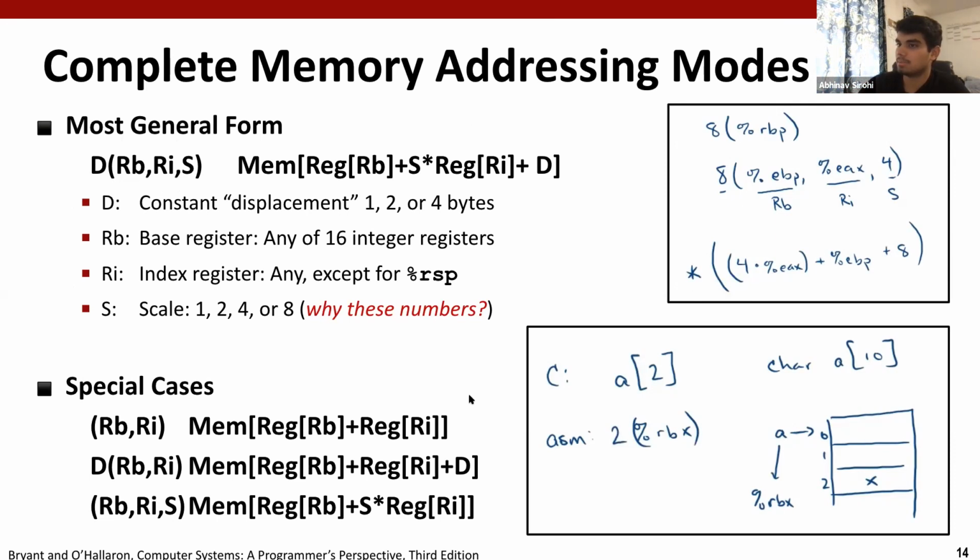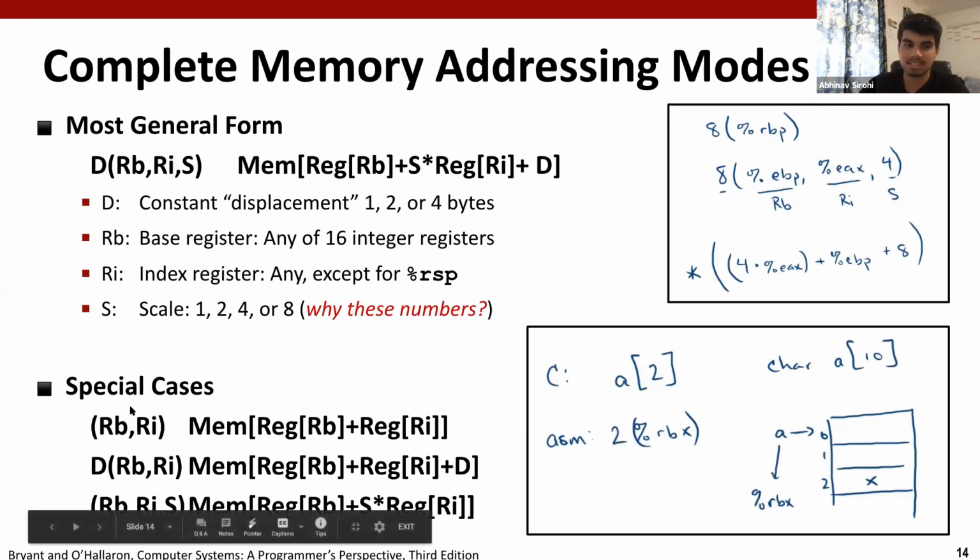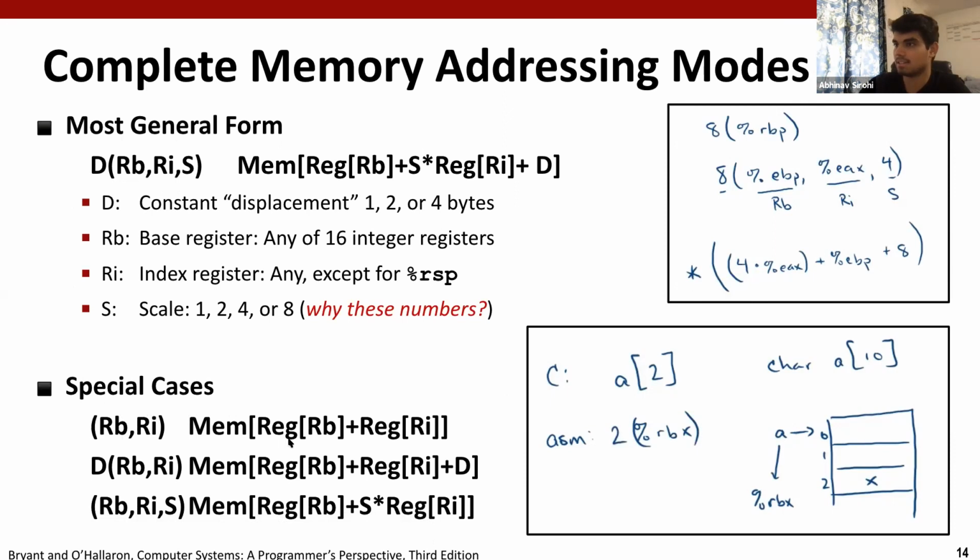And then we have, yeah, so if it's two registers like this in parentheses, that means you just take whatever's in register RB plus register RI and access memory at that location.